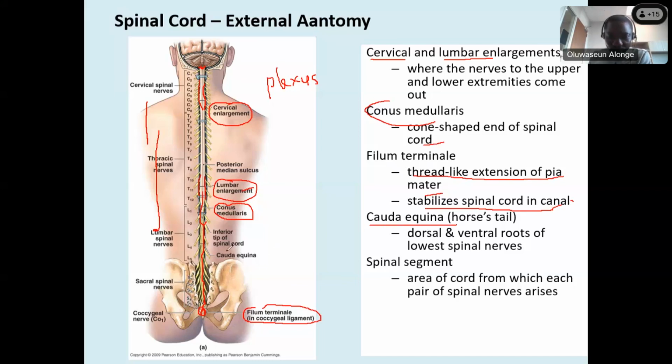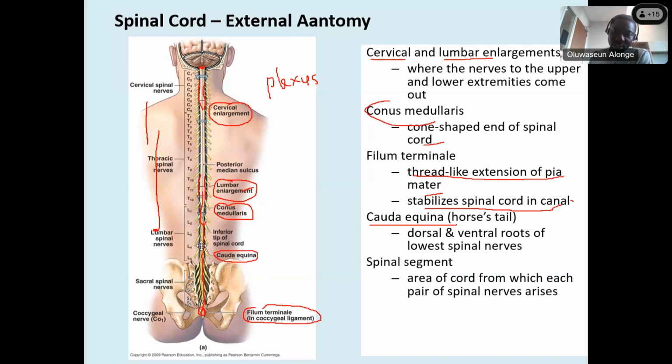Now, cauda equina is right here. You can see it here. That's cauda equina, and it is somewhere in this region. We say that it is the dorsal and ventral roots of lower spinal nerves. So some spinal nerves that are here also have dorsal and ventral roots.